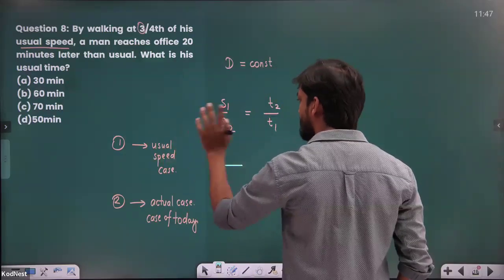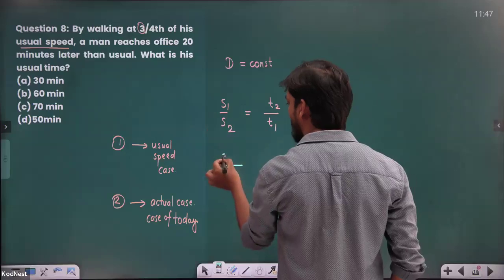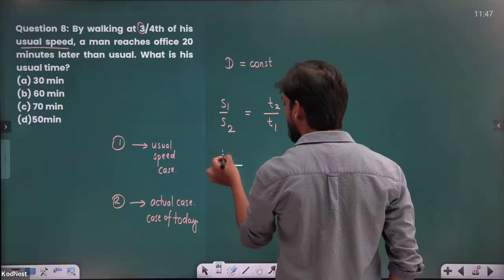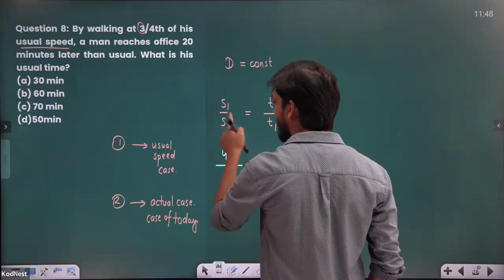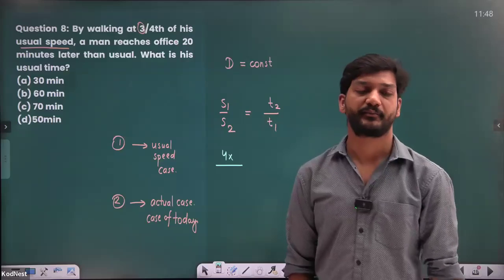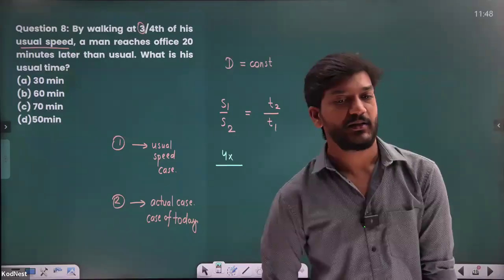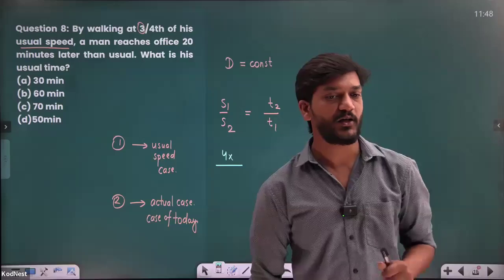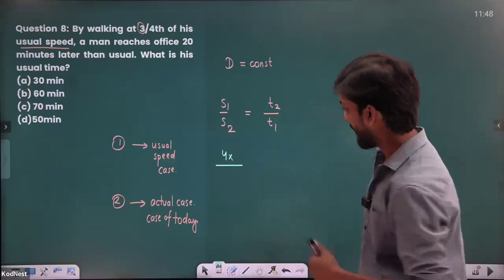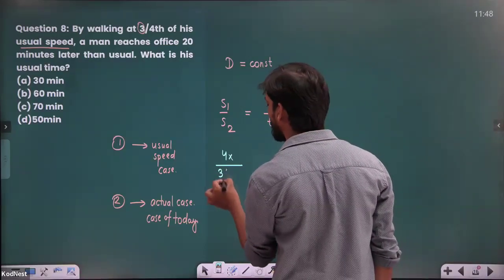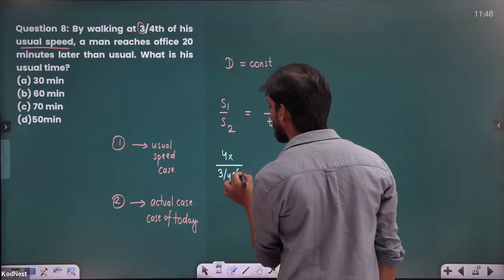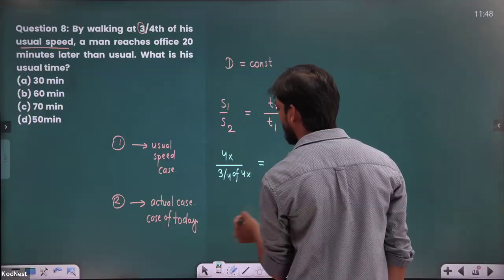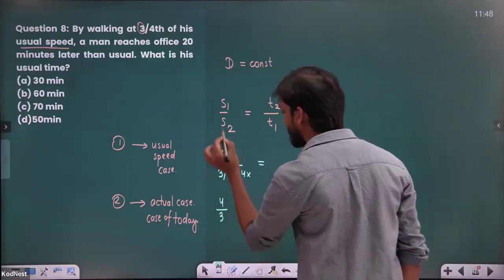First means usual speed. If usual speed I'm saying 4x, the speed of today will be how much? 3/4 of 4x, how much will it come out? 3x. So this will come out to be 4 by 3.